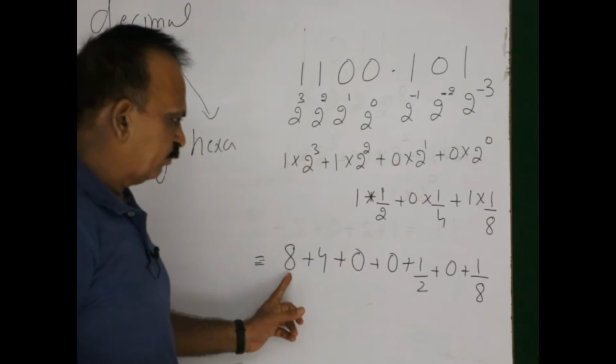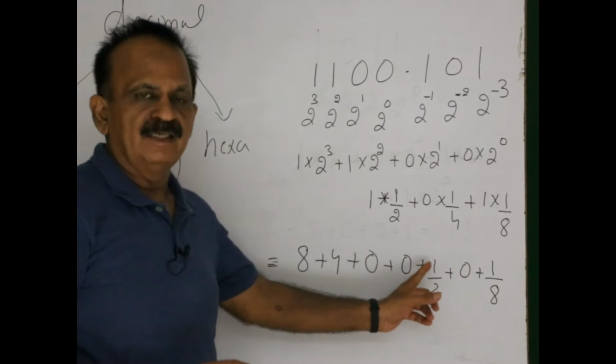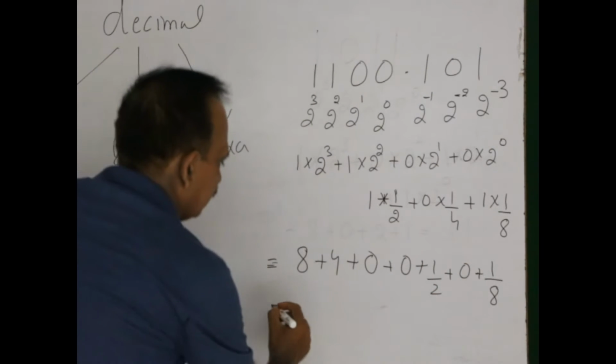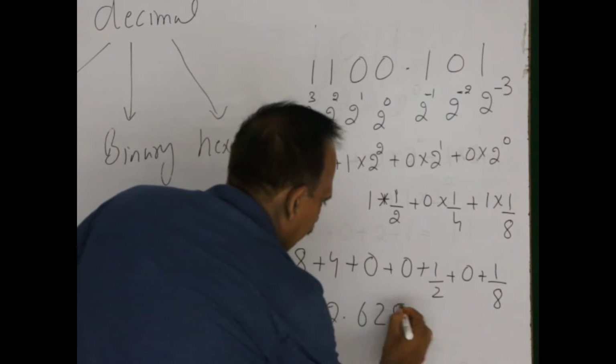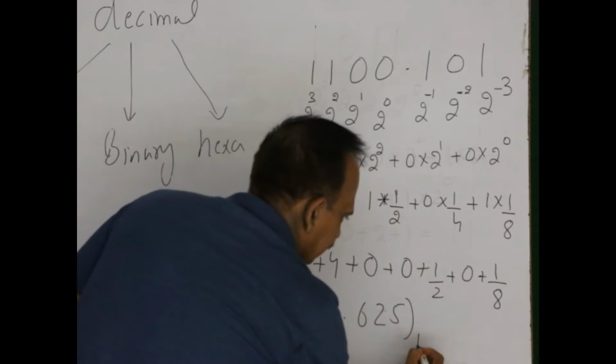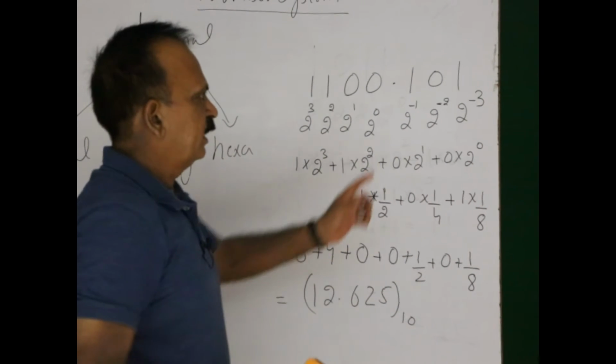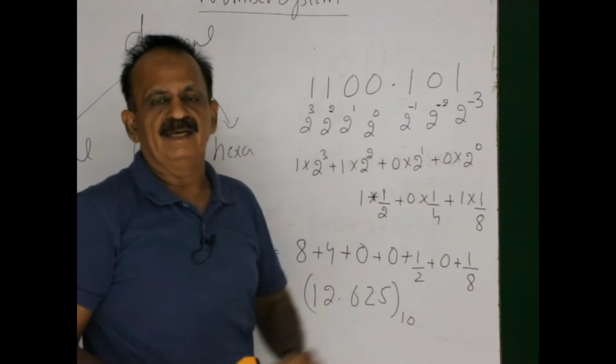After simplification it will be 12.625. The result is going to be 12.625 and this number is the decimal equivalent of the given binary number.